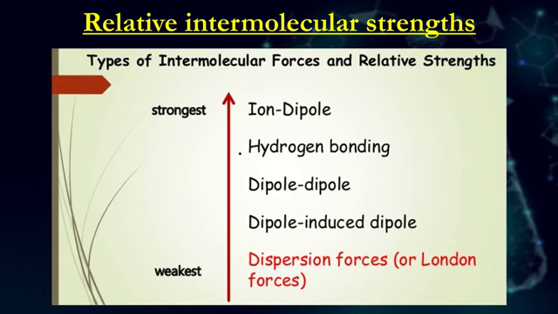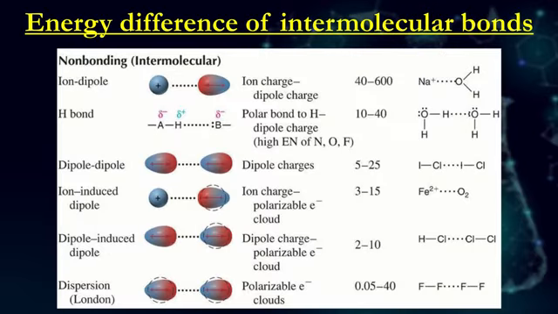Last thing we're going to talk about is just the strength. Ion-dipole is the strongest. The weakest is dispersion forces. If we look at this in terms of the energy of the bonds, ion-dipole is the strongest, about 40 to 600 kilojoules.